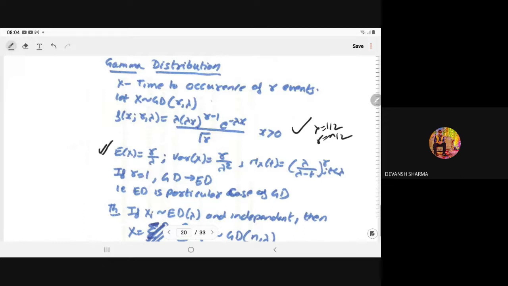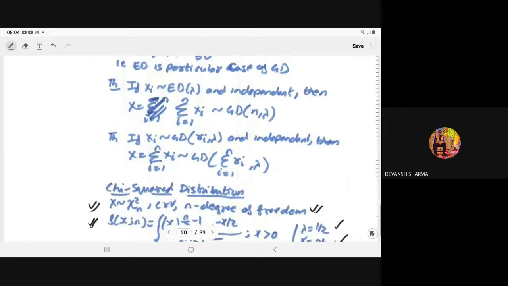Now from here, what will be the expectation of x? R is equal to n by 2 and lambda is equal to 1 by 2, so it will become n, right? The variance of x, with r equal to n by 2 and lambda equal to 1 by 4, will become 2n. The variance of chi-square will be 2n. Similarly, for the MGF, lambda is equal to 1 by 2 and r is equal to n by 2, so it will become 1 minus 2t to power minus n by 2.